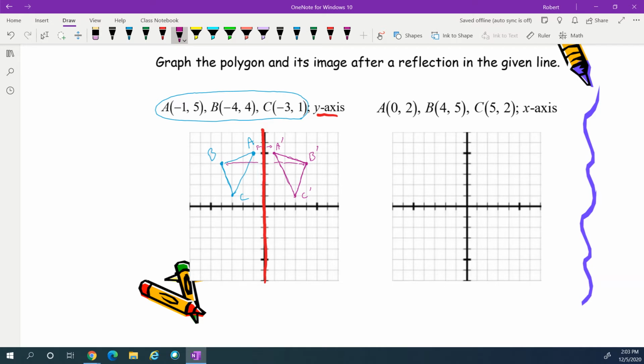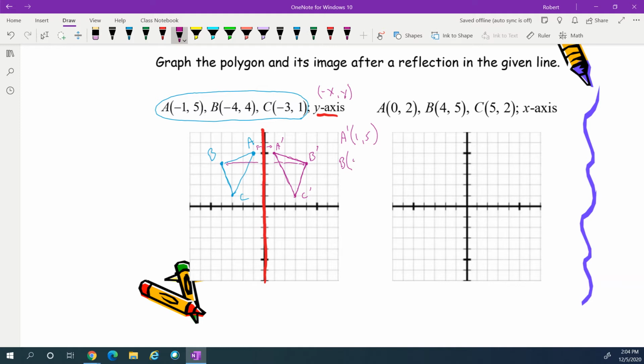Now again, if we follow the rules for the y-axis from our notes, it says negative x comma y. So for A prime, we're going to take the x value from A and change its sign, keep the y. For B, negative 4: this says change its sign, multiply by negative 1.